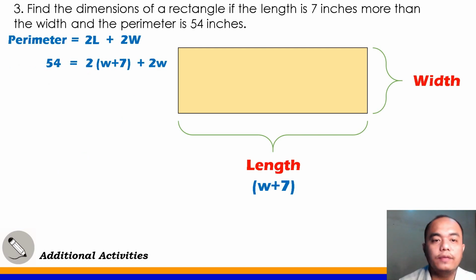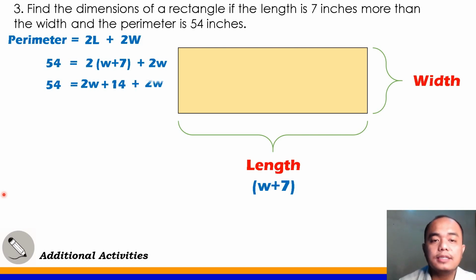Now, so we have here, so 54 copy equals, so distributive property, class. So, that is 2 times W. Okay? 2 times W equals 2W. Very good. And then we have plus 2 times 7. How much is 2 times 7? That's 14. Okay, this is done through distributive property of multiplication.